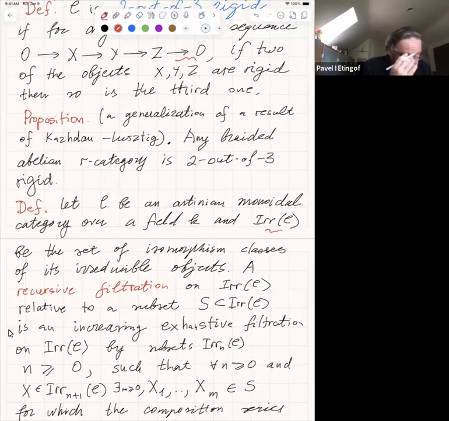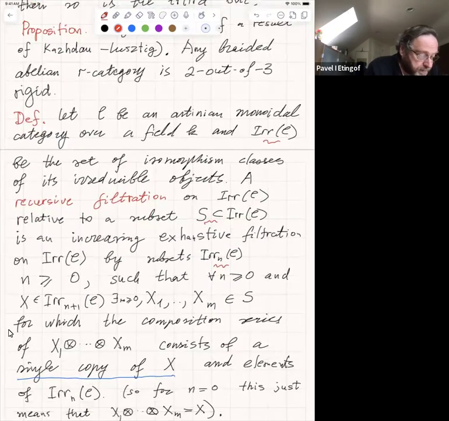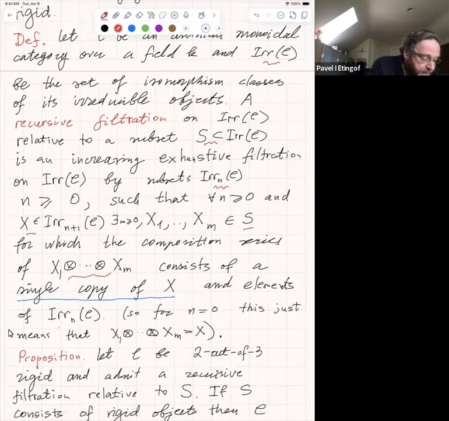A recursive filtration relative to a subset S is an increasing exhaustive filtration of Irr C by subsets Irr_n of C for n greater or equal to 0, such that for every n, if you have an object X in Irr_{n+1}, then we can obtain it in the following way. We can find x1 through xm in our generating set S, for which the composition series of the tensor product consists of a single copy of X, and the rest are elements of the previous set, Irr_n.